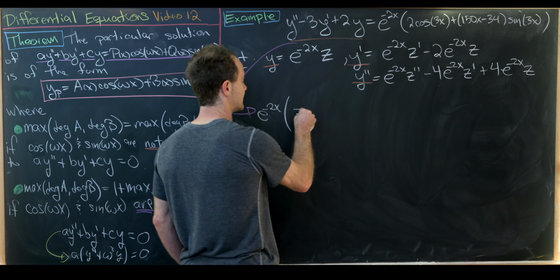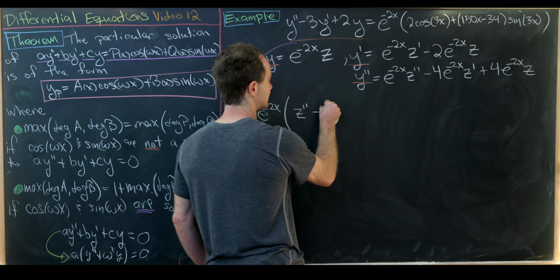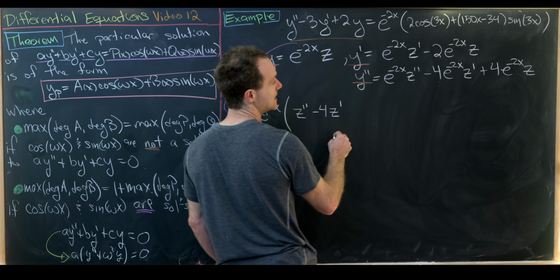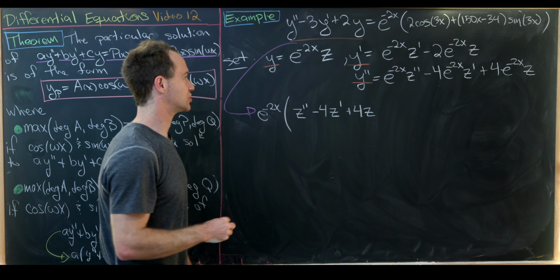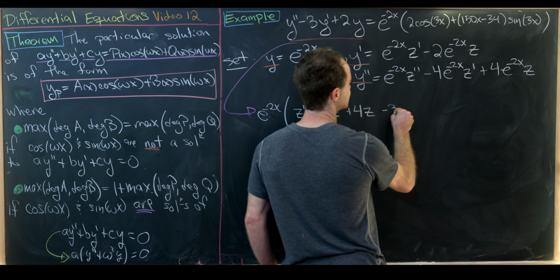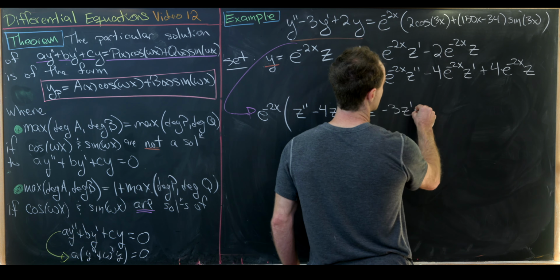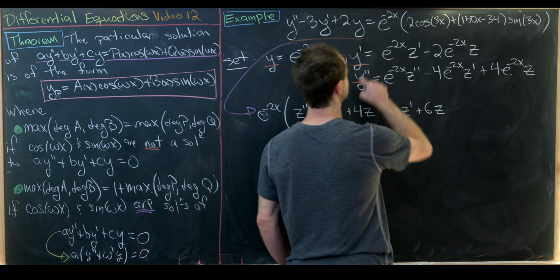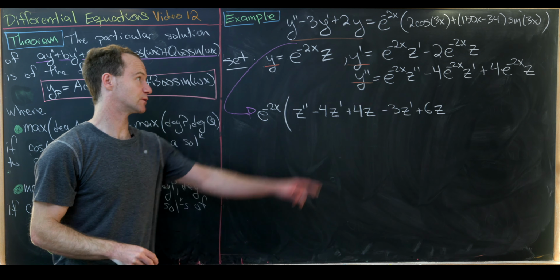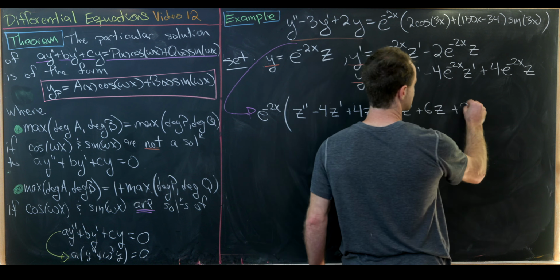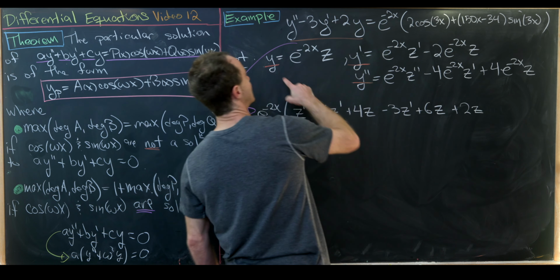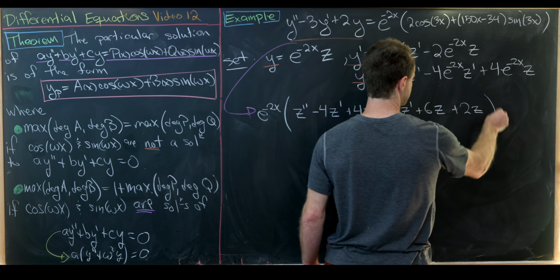And then we'll be left with z double prime minus 4z prime, and then plus 4z. That's our y double prime portion. And then we'll have minus 3z prime plus 6 times z. That's from the minus 3 times y prime portion. And then we'll have plus 2 times z. That's from this 2 times y portion.